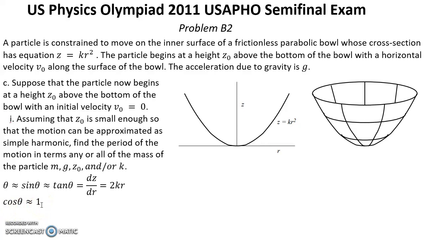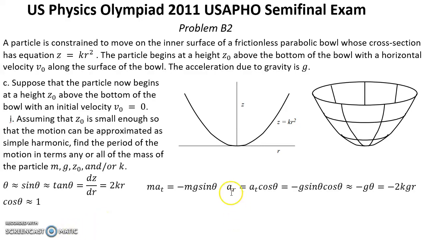Now let's write the equation for tangential acceleration. Tangential acceleration we can find from this formula. Also we have centripetal acceleration, but because the motion is very small, we can neglect it. And tangential acceleration we can convert to radial acceleration.